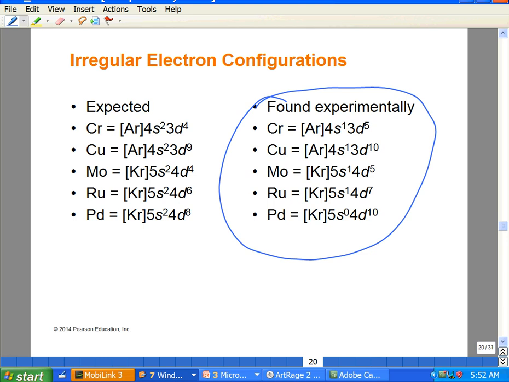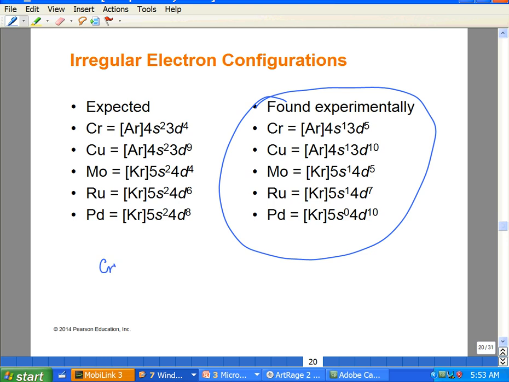So basically, we expect, if we were to write the electron configuration, let's look at the periodic table. Let's say for chromium. What is the atomic number for chromium?